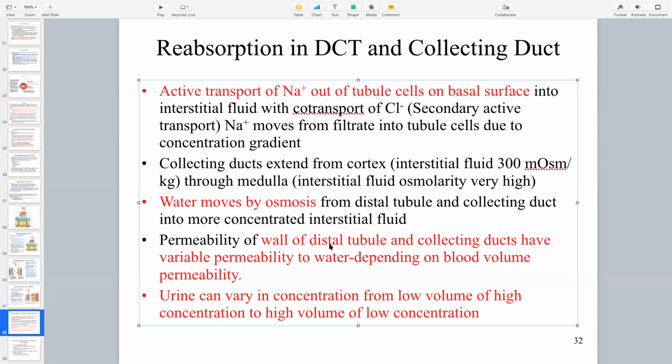This area is variable based on how much water we have in our body, and therefore how much of our hormones we'll see. Some of you might have heard of the hormones antidiuretic hormone and aldosterone. This is the area where both of these hormones work. They both only activate cells of the distal convoluted tubule and the collecting duct. They don't work on any other cells.